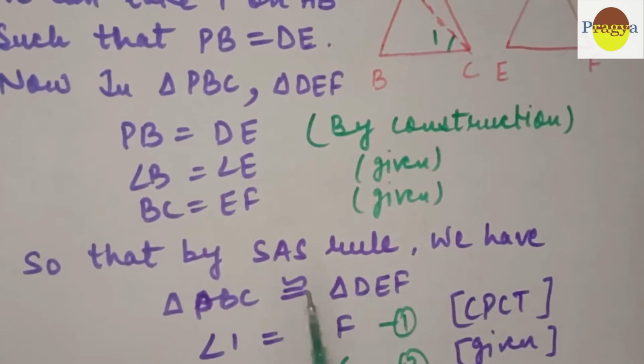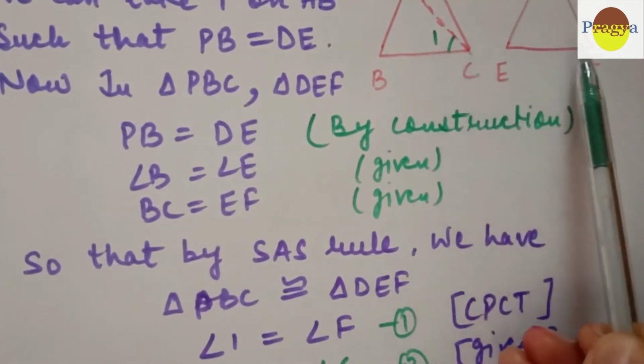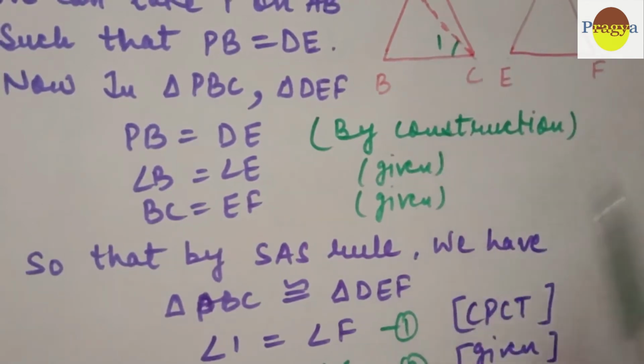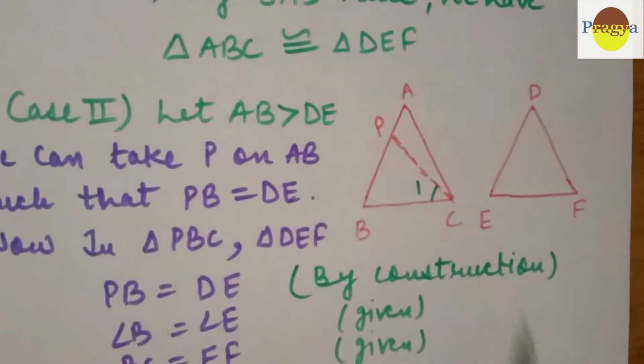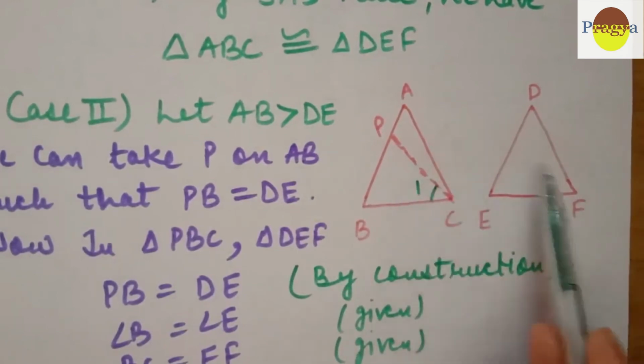So the rest of these parts are all equal to each other. So definitely angle 1 is equal to angle F, because these two triangles are congruent. In these two triangles, 1 is equal to F by CPCT.